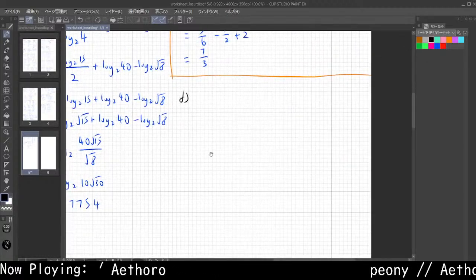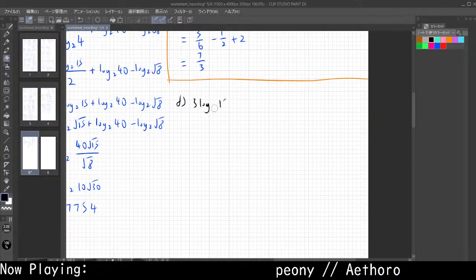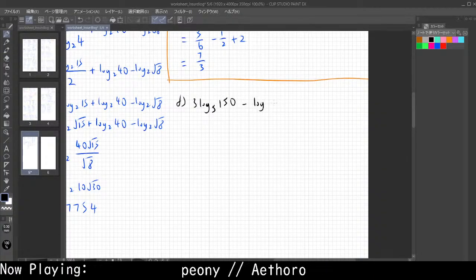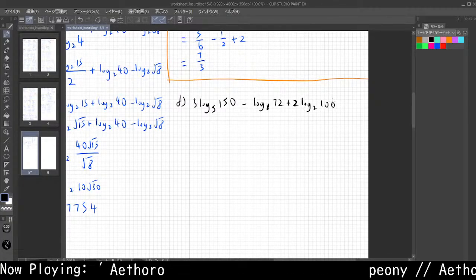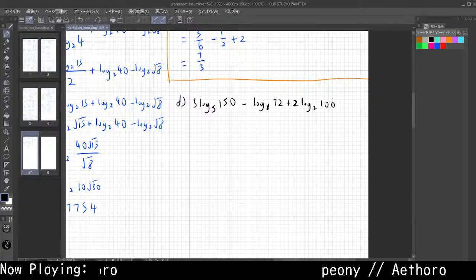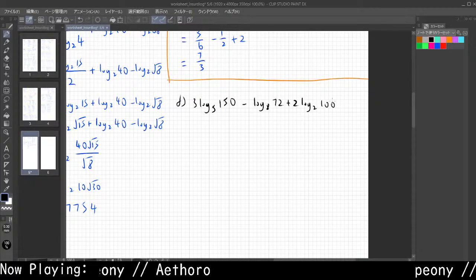F says 3 log base 5 of 150 minus log base 8 of 72 plus 2 log base 2 of 100. Okay, all of these are different. You want to find a way to combine them. And arguably the easiest way is to do base 2 because we can.